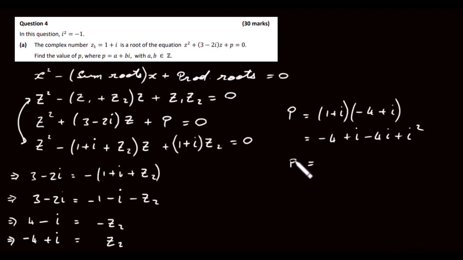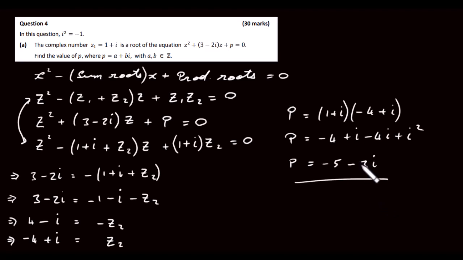That'll give me a value for p of, let me see, we have minus 4. This here is minus 1, so that's going to give me minus 5. And then we have plus i minus 4i, that's minus 3i. So there's my value for p, minus 5 minus 3i.